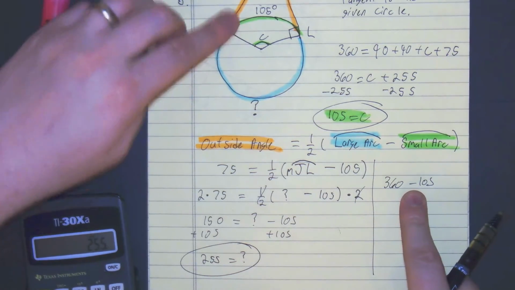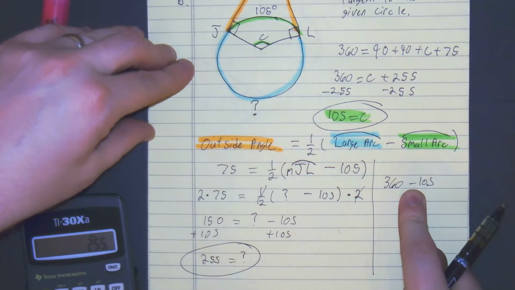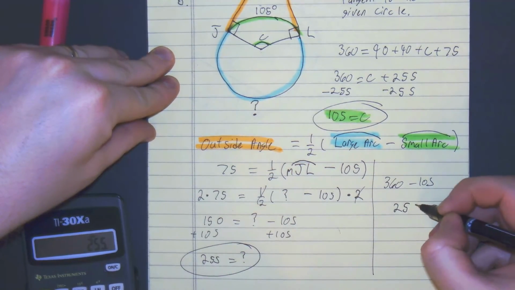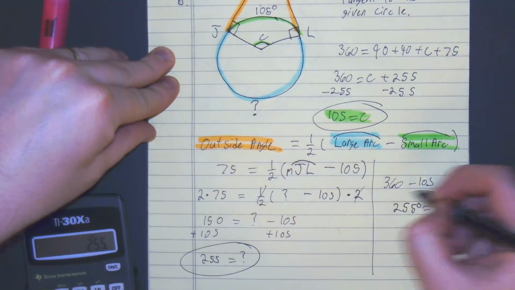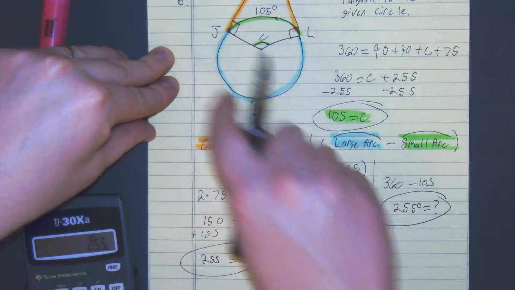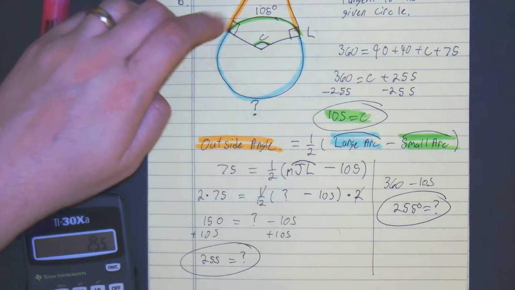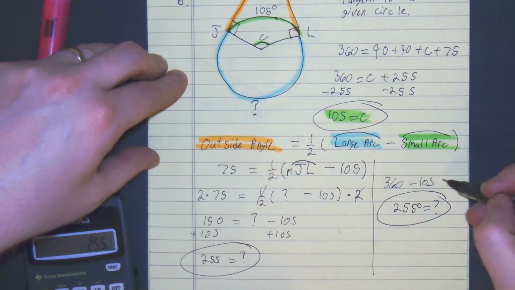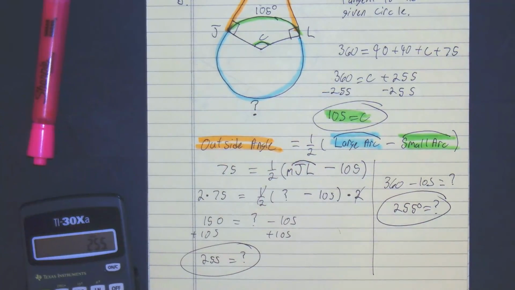This work right here, as long as you can tell me this part, is sufficient. So 255. And the way we did that is the circles that go to 360. We found one of the arcs. There's only 2 parts, so 360 minus 105 will get you the question mark. All right, there you go.